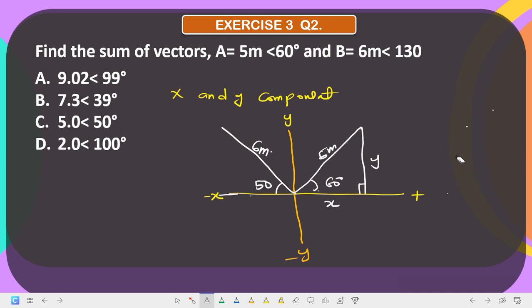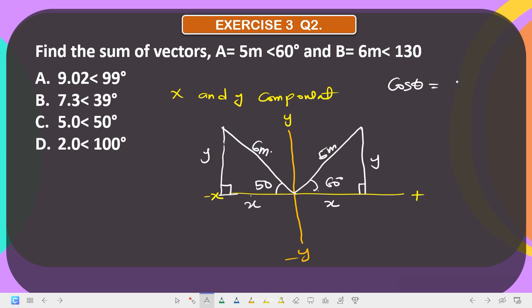Now look at it very well, and then let's analyze it together. You agree with me that for this one, you have something like this. Of course, you know that this angle is 90 degrees, and this is 6 meters. This is opposite, and this is x. So this thing still comes back to cos theta to get x. This is x and this is y. Cos theta will be what?